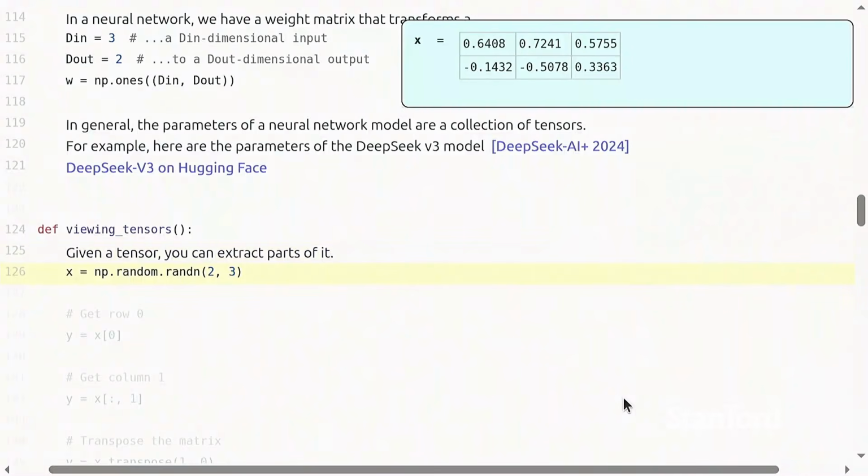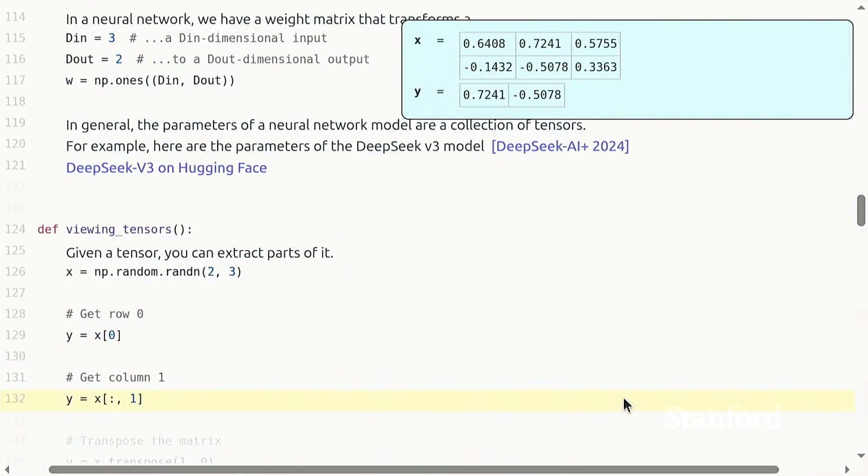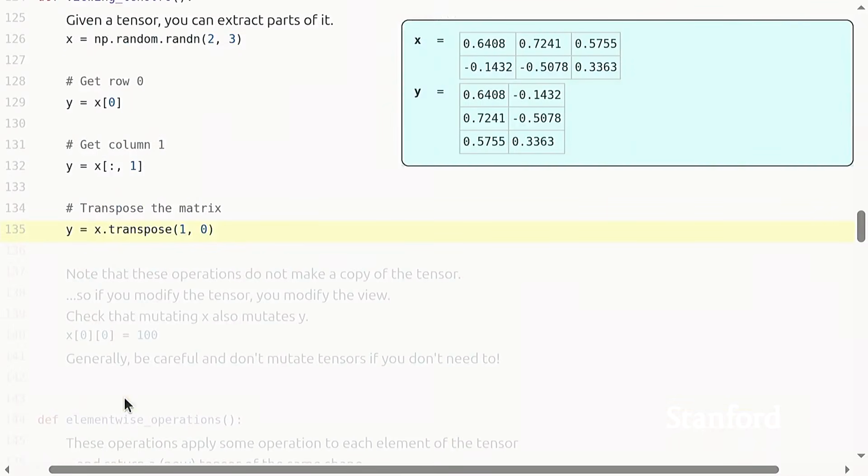So if you have a tensor, you can extract parts of it. You can just get the first row or the first column using this notation. You can transpose it. Note that these operations do not make a copy of the tensor. They're just producing different views.